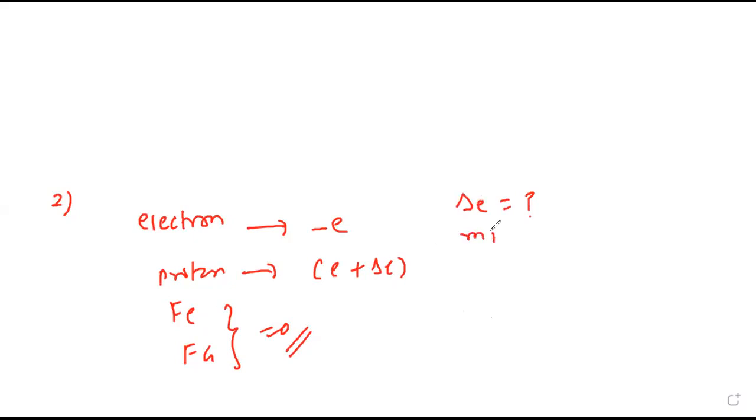The mass of hydrogen is 1.67 into 10 raised to minus 27 kg. When we are finding order of magnitude, we don't write the numerical value. We only write the integral power of 10.